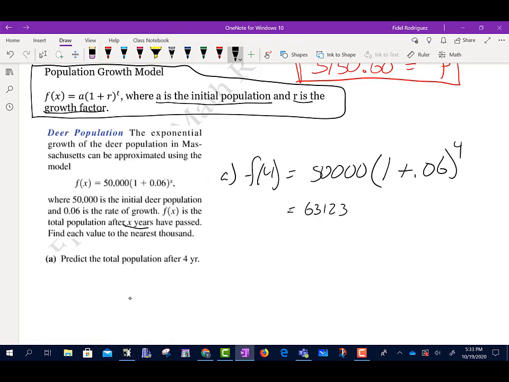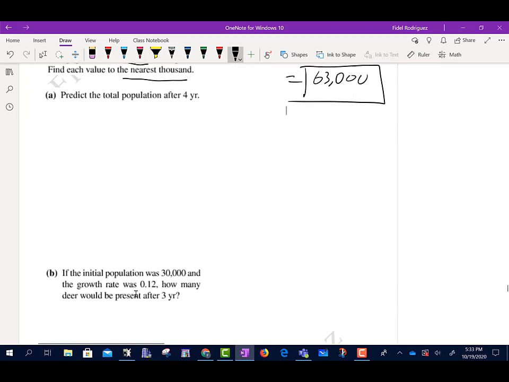Now it is asking me to round to the nearest 1,000. So to the nearest 1,000, it would be 63,000, right? Because that number is not 5 or more. So the nearest 1,000 would be 63,000, okay?